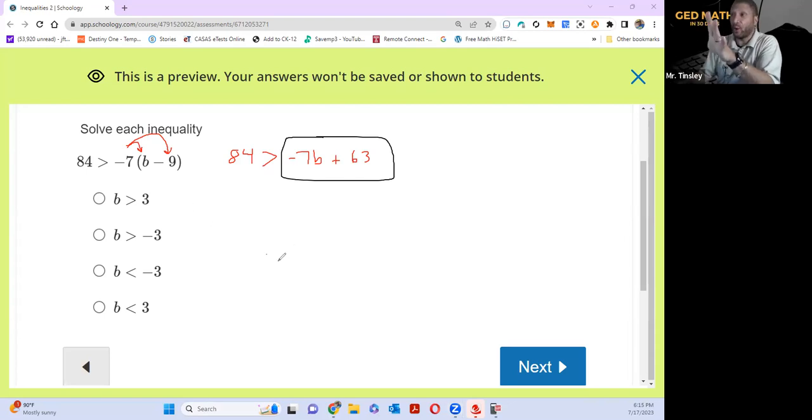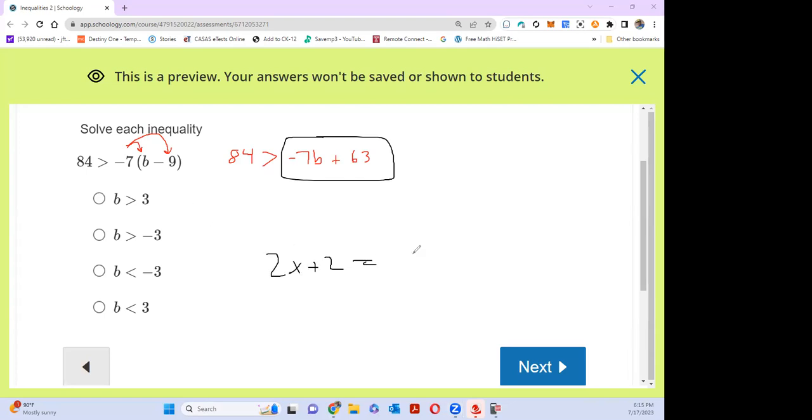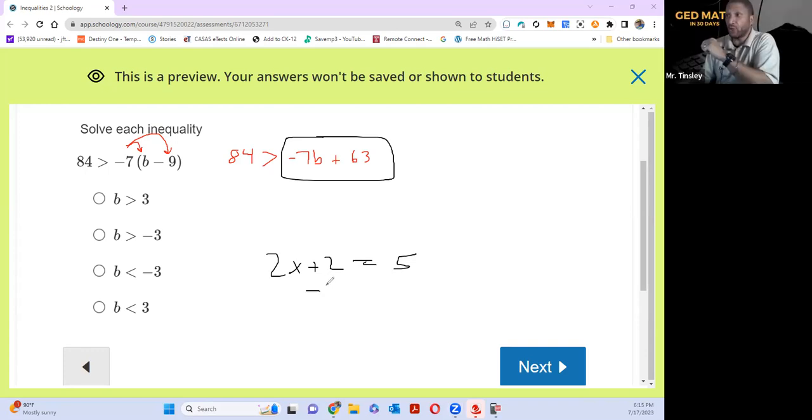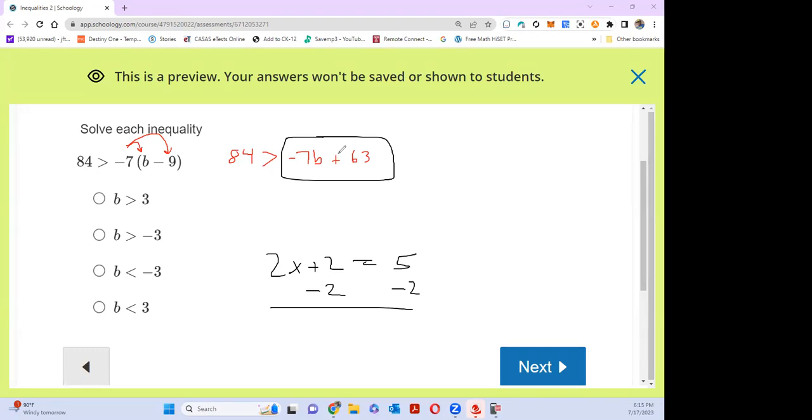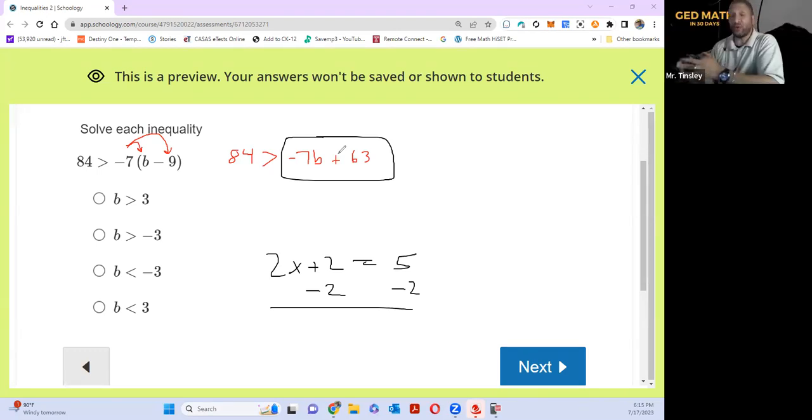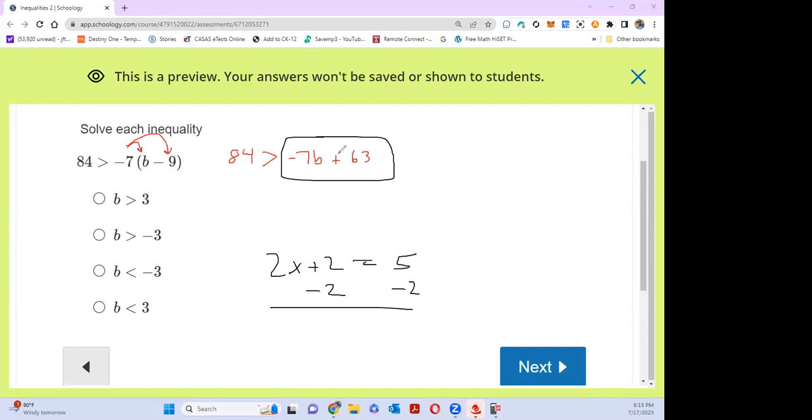So now, let me ask you something. Let's go back to here. When I had 2x plus 2 equal 5, what did you tell me to get rid of first? The 2. You said minus 2 from both sides. So why, in this inequality here, are you trying to get rid of the minus 7 first? 84 is not on the side with the variable. You're not even looking at the 84.